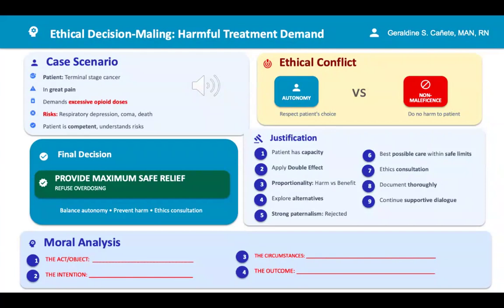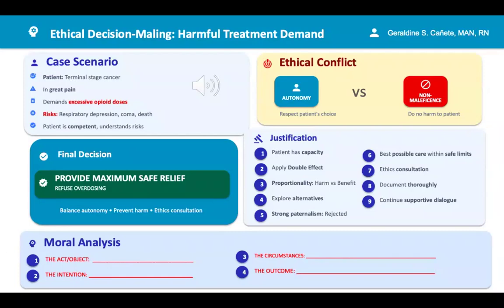This means carefully assessing the patient's pain level, exploring alternative pain management strategies, and providing them with honest and transparent information about the risks and benefits of opioid medications. It also means setting clear boundaries and refusing to comply with their demands for harmful doses of opioids.